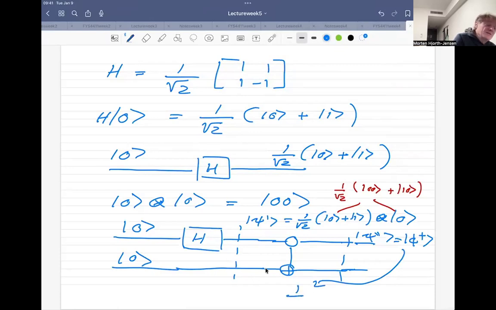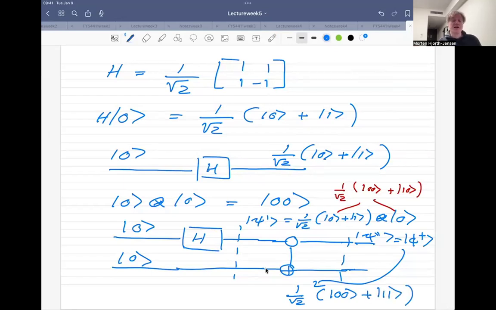And since the second state of the first qubit is now in the state 1 due to the superposition which we have prepared with the operation of the Hadamard gate, then we get a new state: since this qubit is given by 1, we have 1, 0, and with the C0 operation, this changes into 1, 1. So what we get then is 1 over square root of 2, and then we have 0, 0 plus 1, 1.